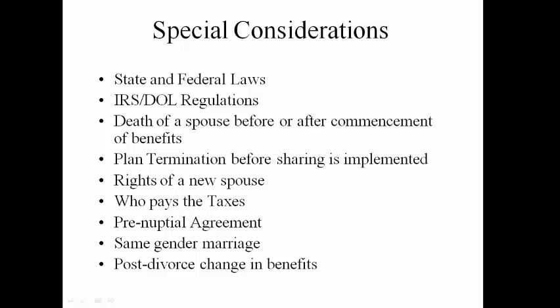The plan can't, because there are rights attributable to the new spouse, and we have to have specificity in the order as to how to treat the new spouse versus the old spouse when the division and sharing takes place. We've got to make sure that there's no redundancy in payment of benefits.